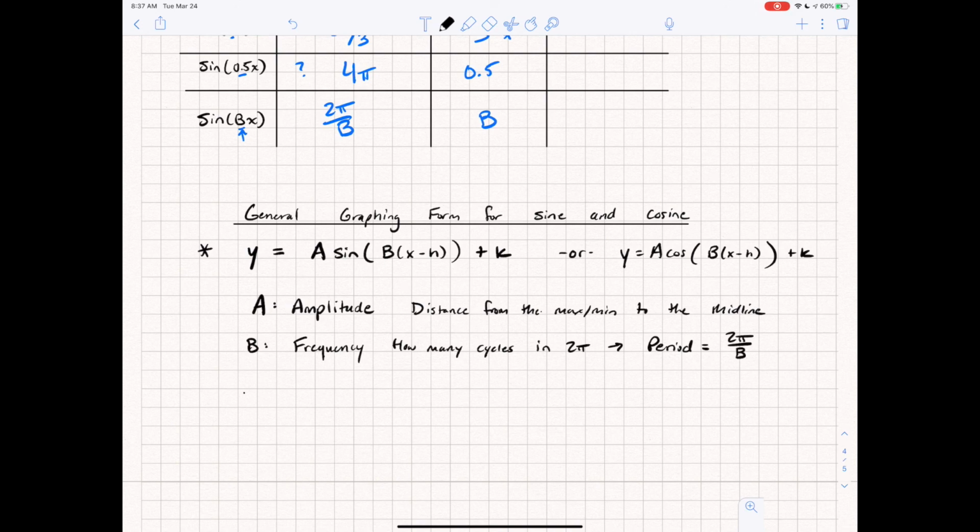All right, H represents your horizontal shift, and gives your starting x value. K represents your vertical shift, and this represents your midline, which is important in measuring out your amplitude.